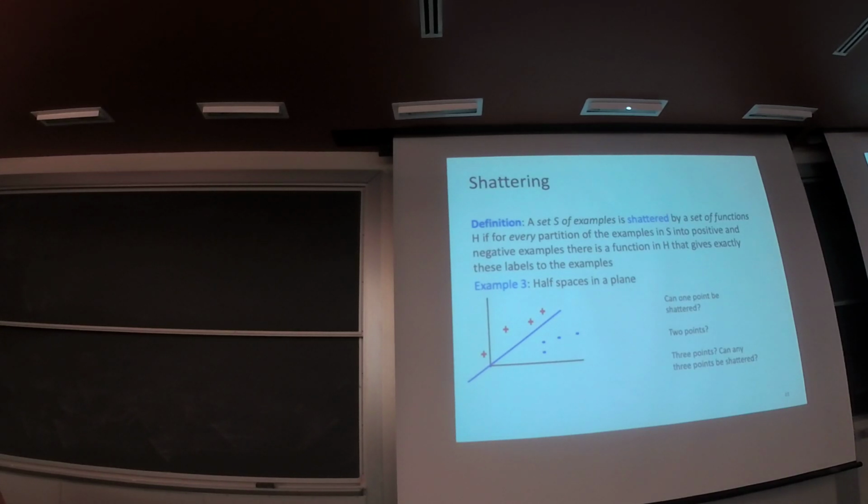Then the question is, how about 3 points? We know the left bounded intervals and free intervals both cannot shatter 3 points. And then how about linear classifiers? Again, to verify whether they can be shattered by a linear classifier, we need to enumerate all possible labelings for the 3 points. How many possible labelings for the 3 points?